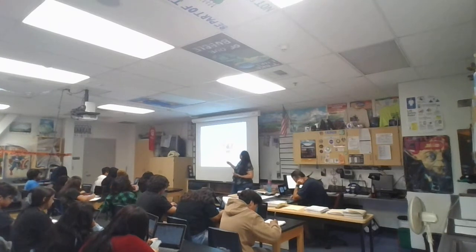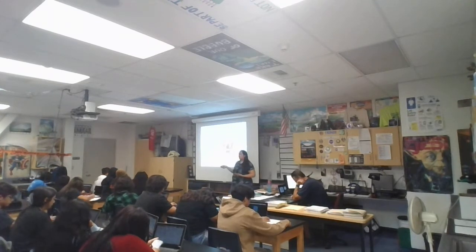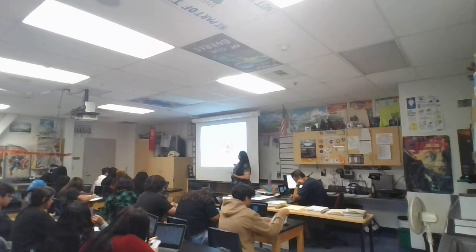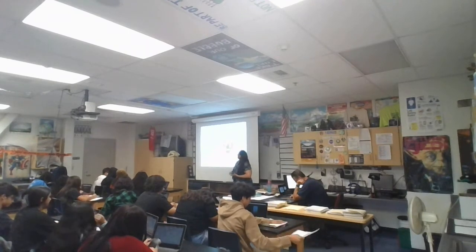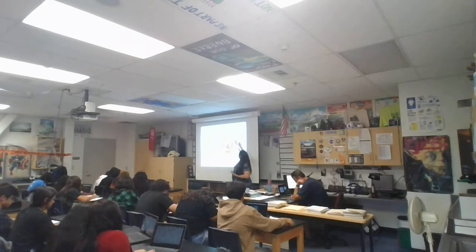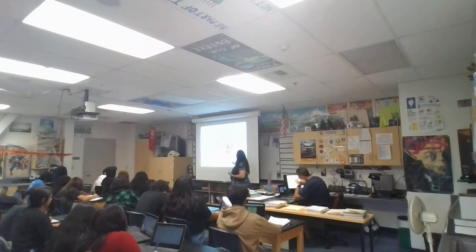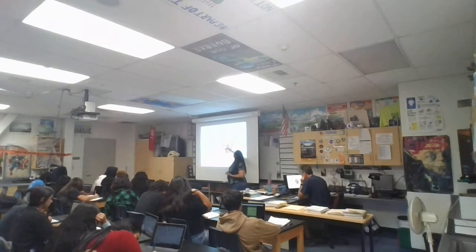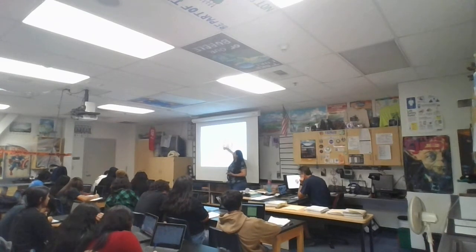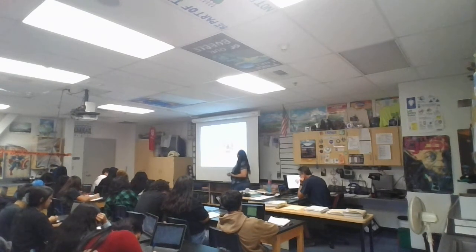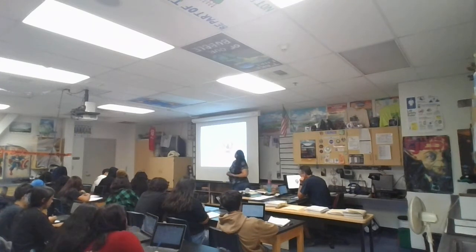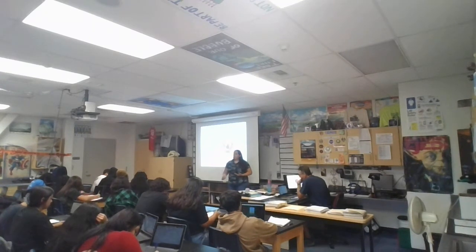So this kind of illustrates the difference between energy and the cycles of matter, where energy only flows in one direction. You have nutrient cycles and water cycles, a continuous loop. It goes within and between ecosystems.